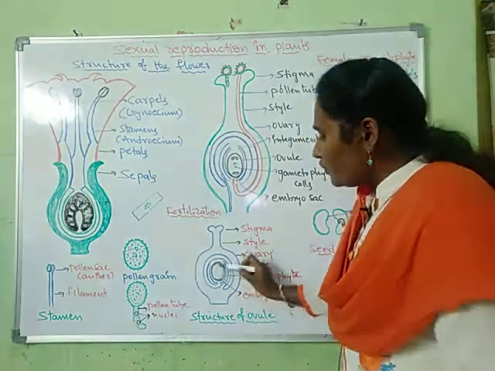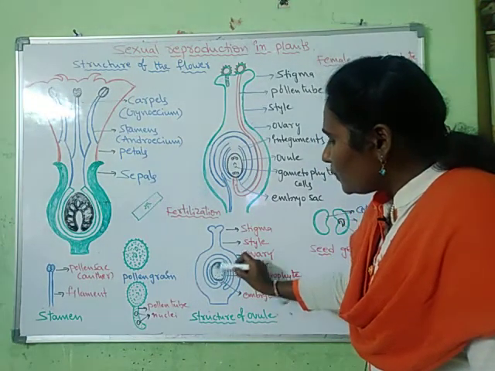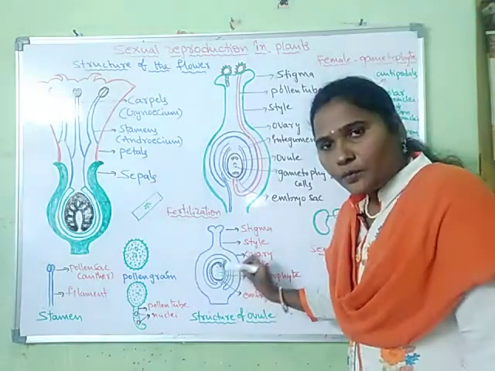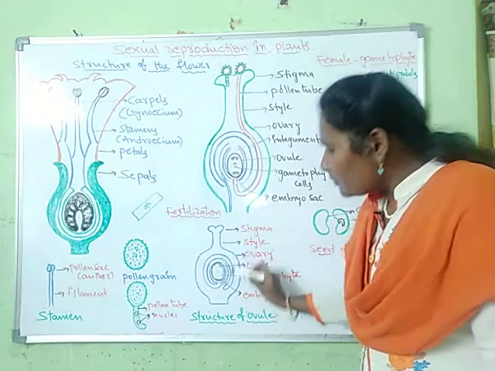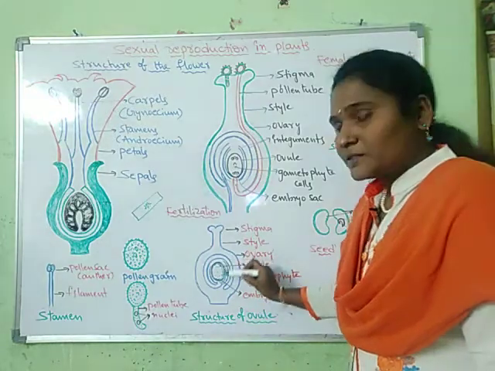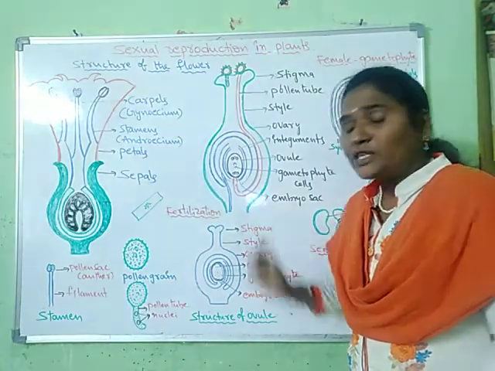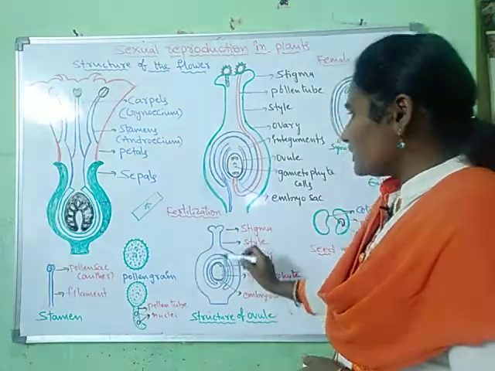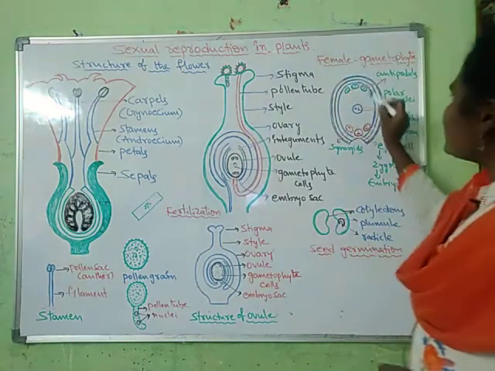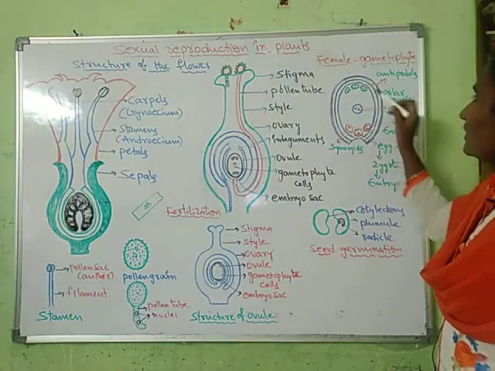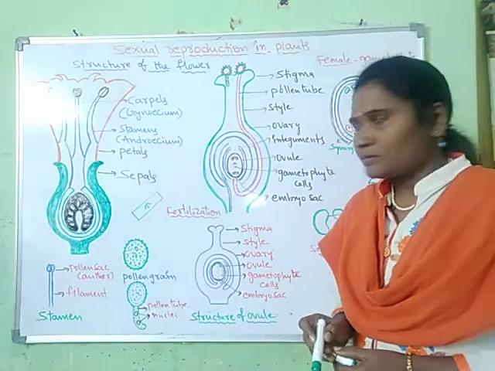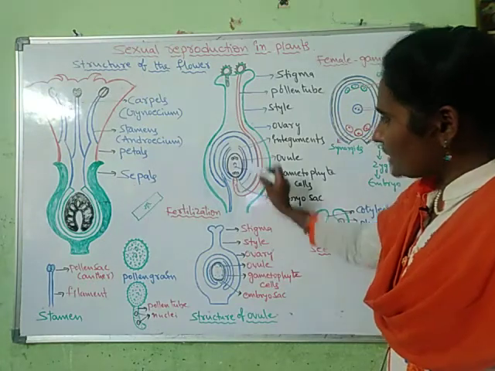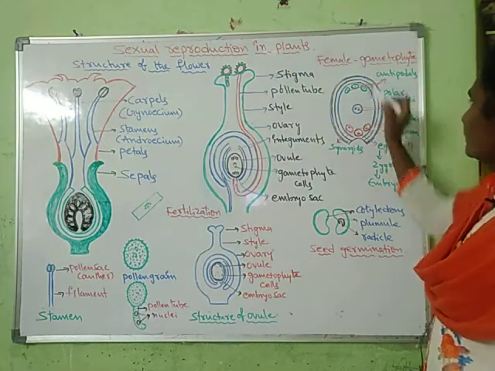At the center of the ovule there is a microscopic embryo sac filled with food and water. This embryo sac contains gametophyte cells. The majority of flowering plants have embryo sacs with 7 cells and 8 nuclei. Here this is an embryo sac or female gametophyte.